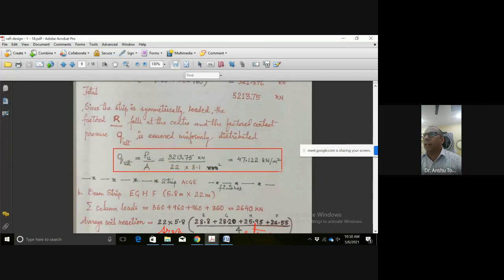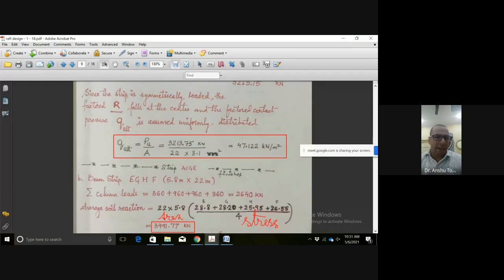Here we can see that this is the ultimate stress acting from bottom to top, beneath the raft surface, that is 47.122 kilonewton per meter square. Now you can convert it into Newton per mm square or Newton per meter square as per your requirement. If you are keeping the column loads in Newton, you will have to convert it in Newton. If you are keeping column loads, axial load, in kilonewton, you will have to keep it in kilonewton.